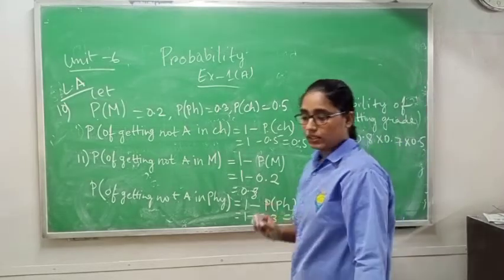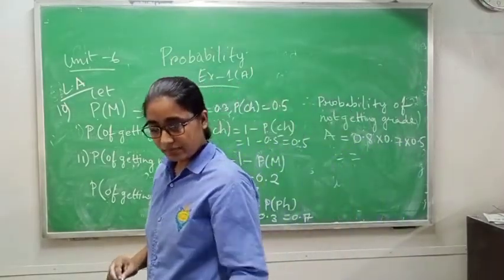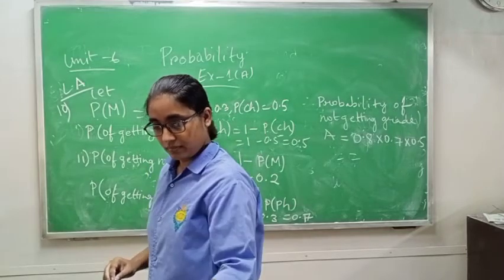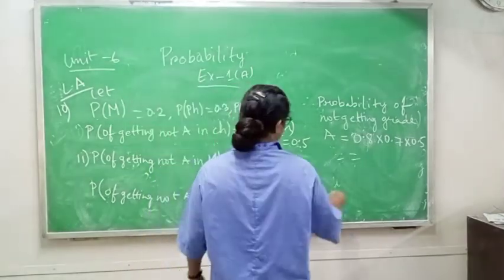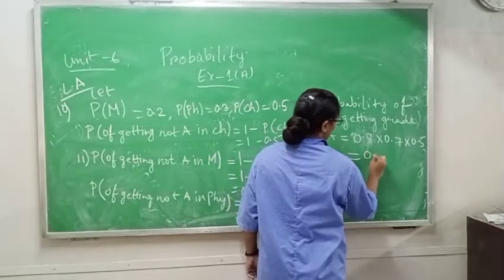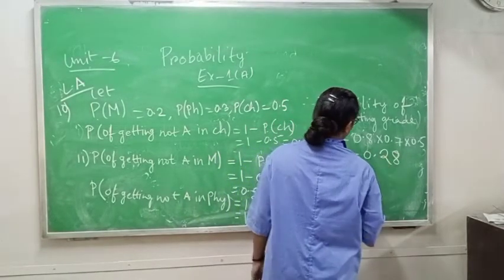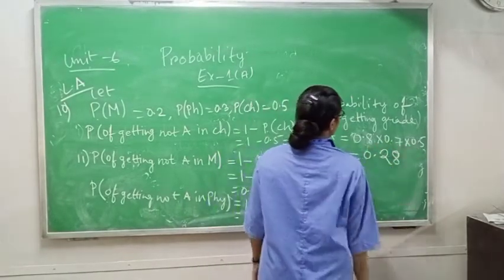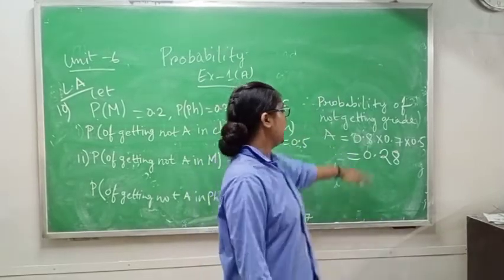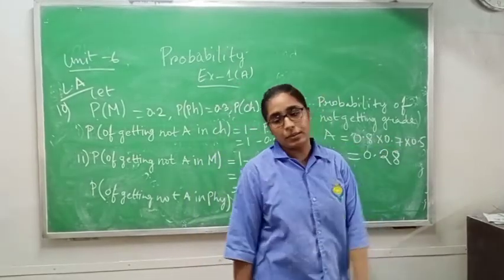Now multiply this and tell me how much you are getting. You will get 0.28, because this is all the information for not getting grade A in maths, physics and chemistry.